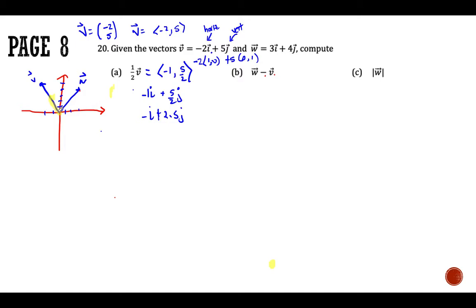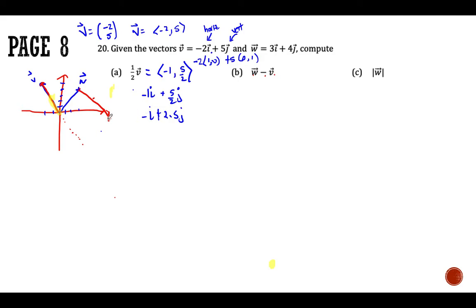So I'm going to start here at the tail of w and make a parallel, taking this vector like I'm copying and pasting it, but in the opposite direction. Or you could think of taking the opposite of v and putting it at the end of w. That's what subtraction of vectors means to do.